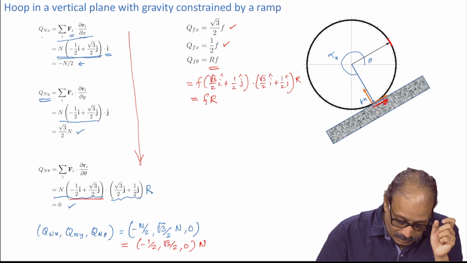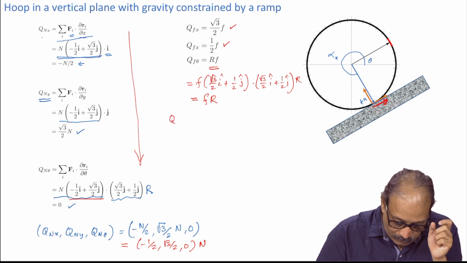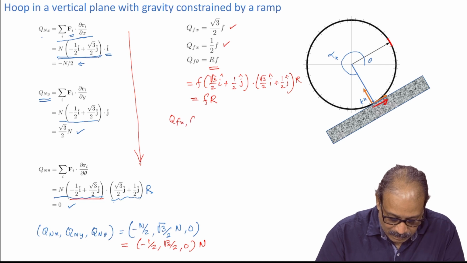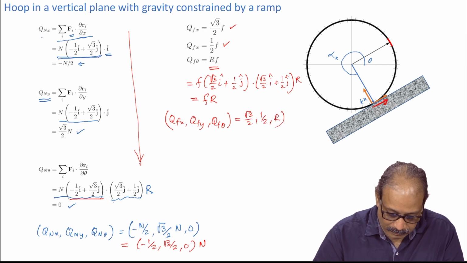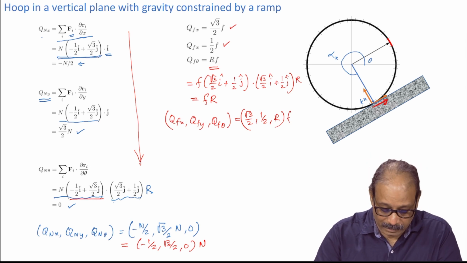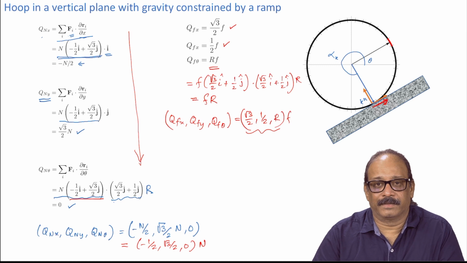What about this one? For the frictional force, qfx, qfy and qf theta, this also is in fact root 3 by 2, half r, times f. Okay. And all these 3 numbers are constant.